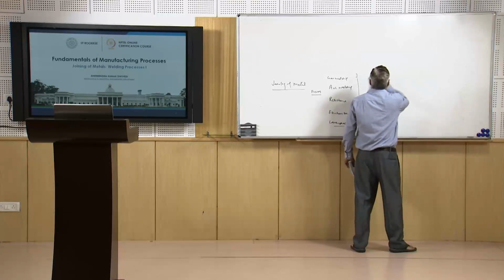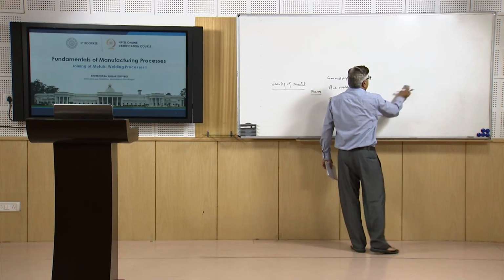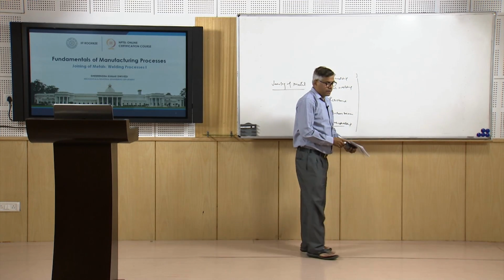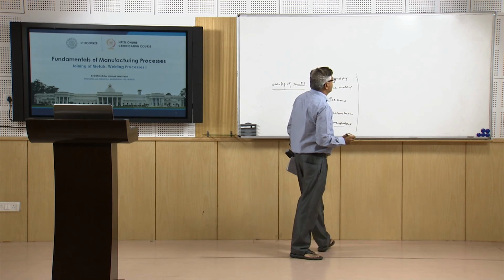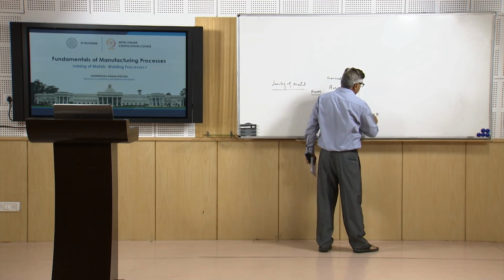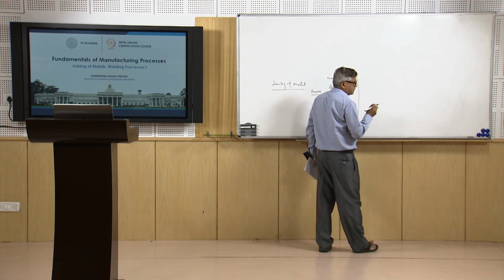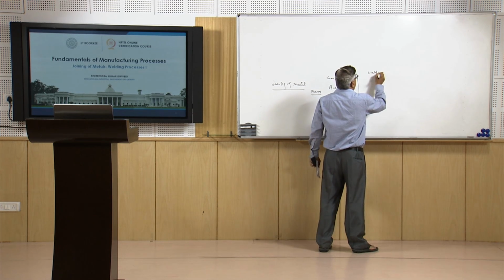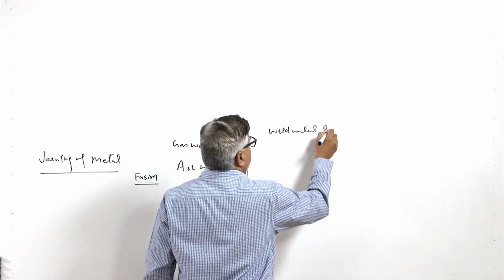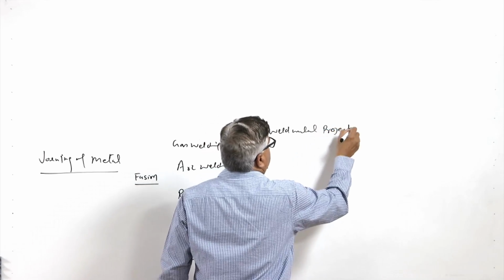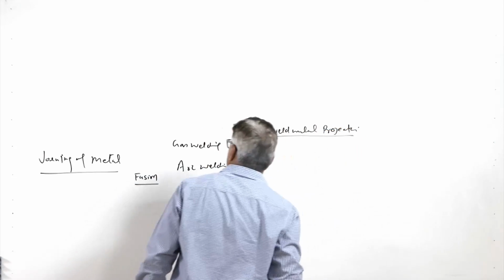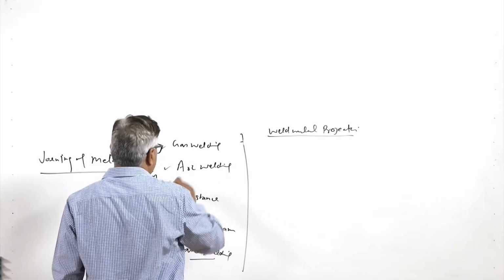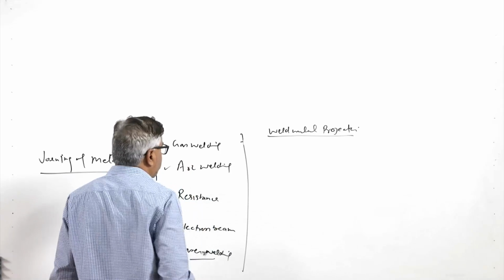Apart from this heat input aspect, for all the fusion welding processes, another aspect which affects the quality of the weld is the weld metal protection. Different welding processes work on different principles of weld metal protection.